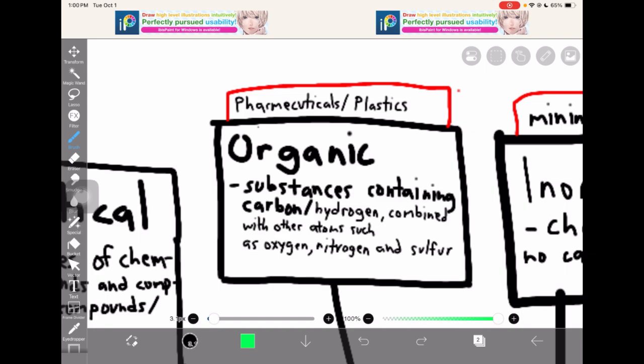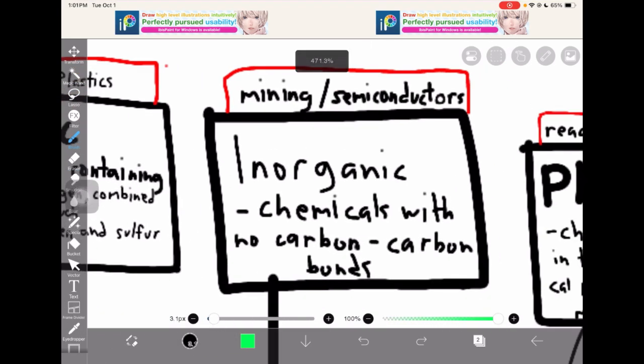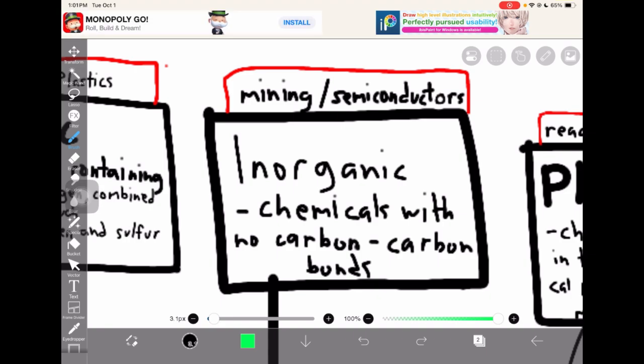Plastics are considered here, but we have another separate branch for plastics. But that falls under organic if we're dealing with pills. Next is inorganic. This is the ones without any carbon-carbon bonds. Really, there's only one type of place we can find this, and that's mining or semiconductors, because here we don't deal with any carbon at all. It's really inorganic.